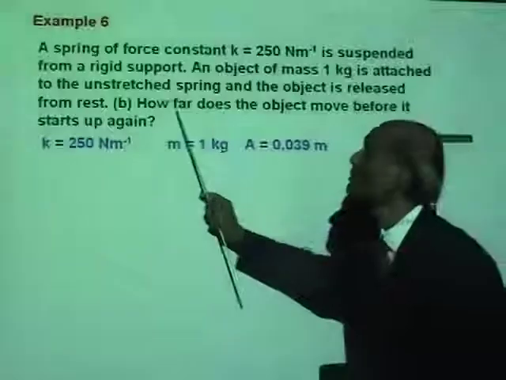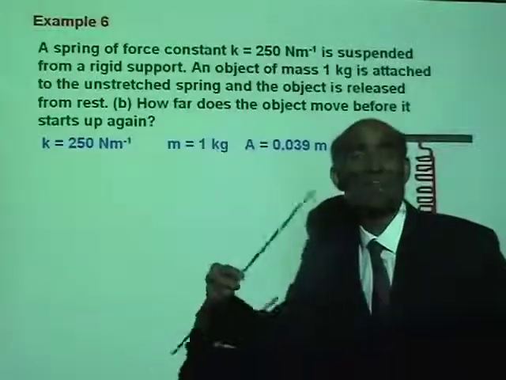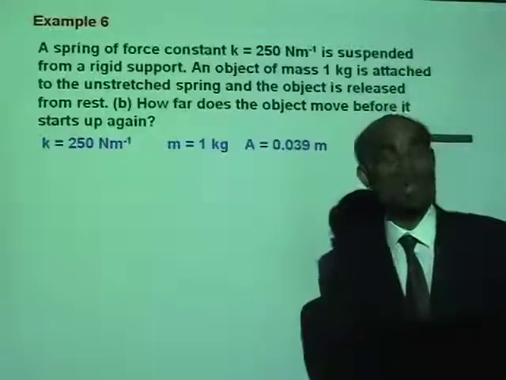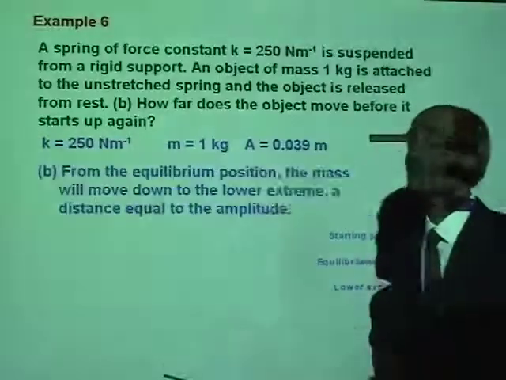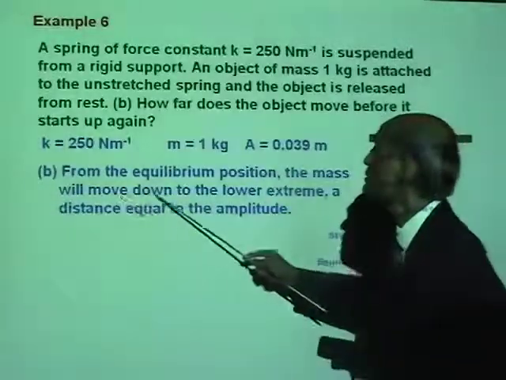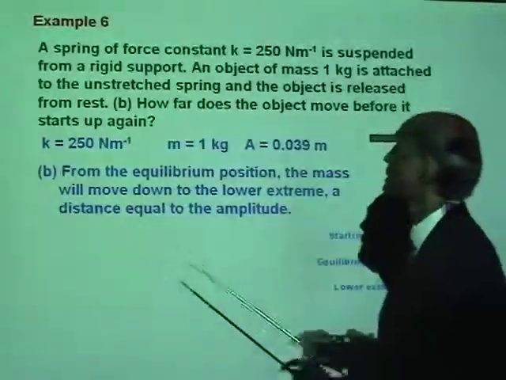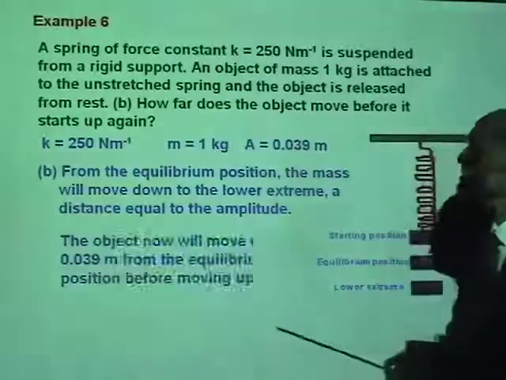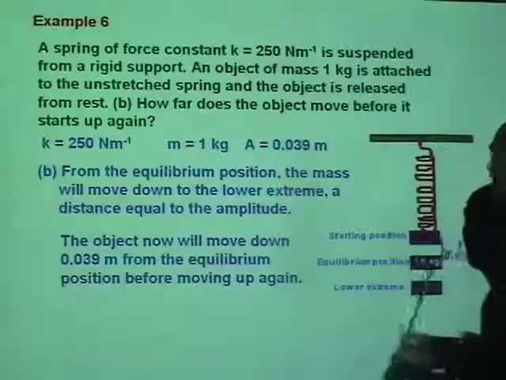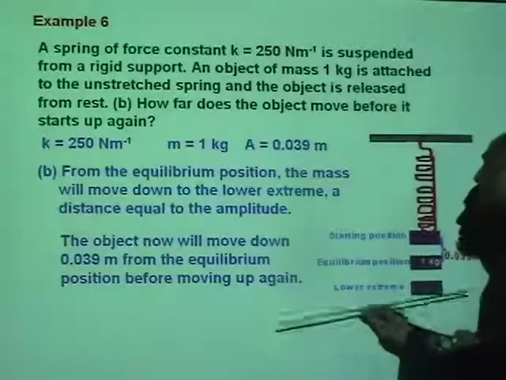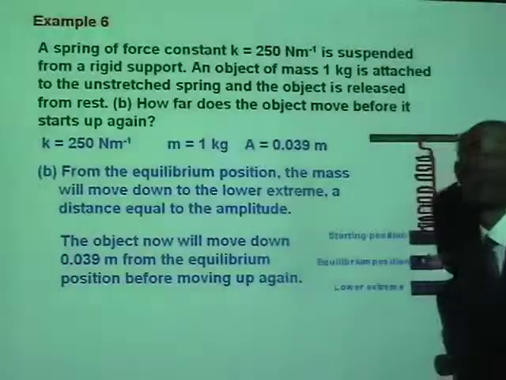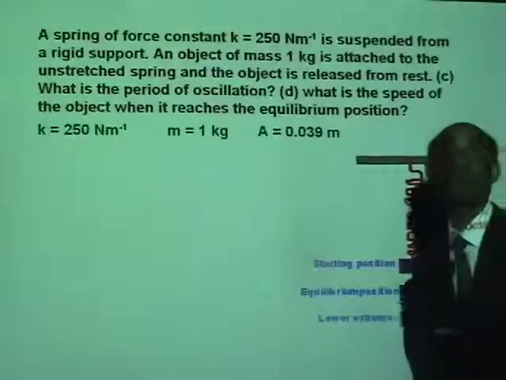But I'm going to do this part of the problem in another way to show you how energy considerations can be used to solve a similar problem. From the equilibrium position, the mass will move down to the lower extreme, a distance equal to the amplitude. The object will now move down 0.039 meter from the equilibrium position before it moves up again.